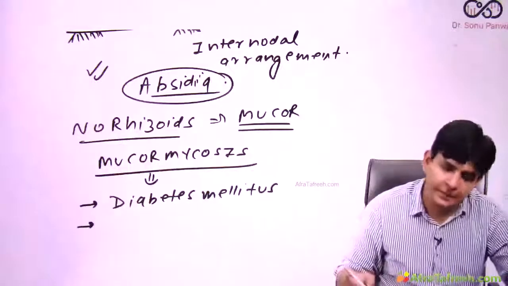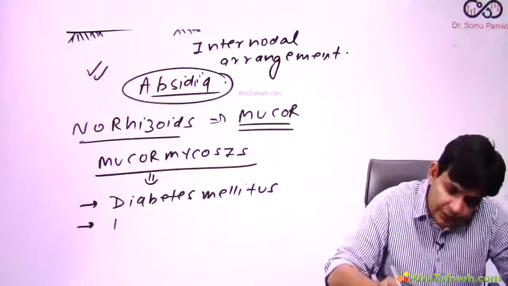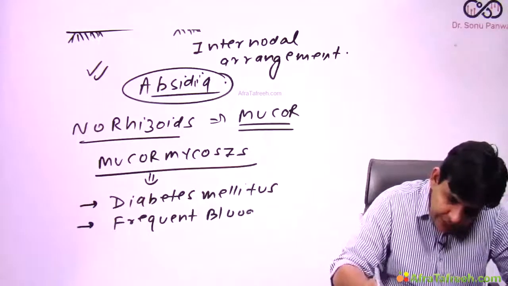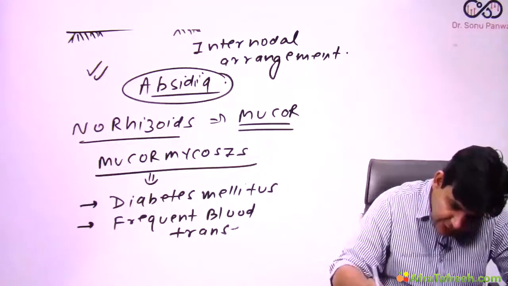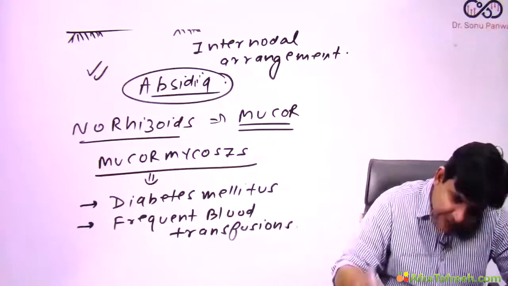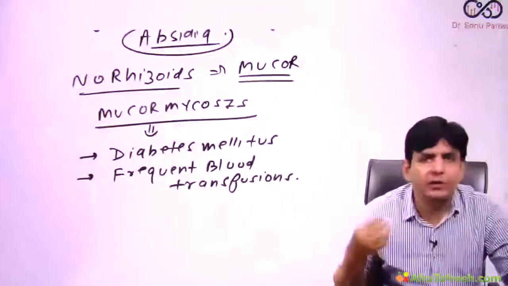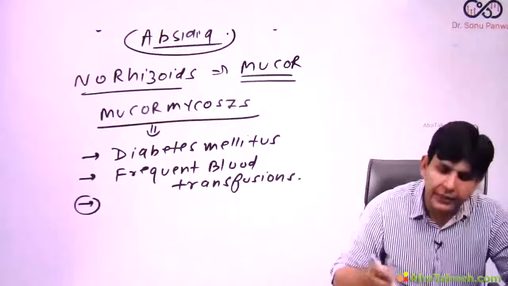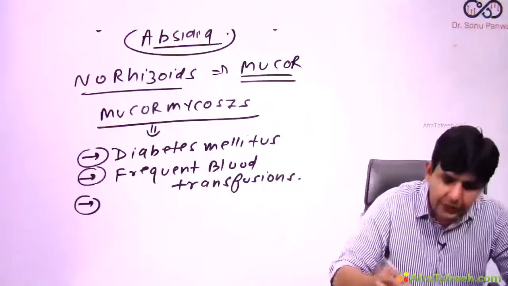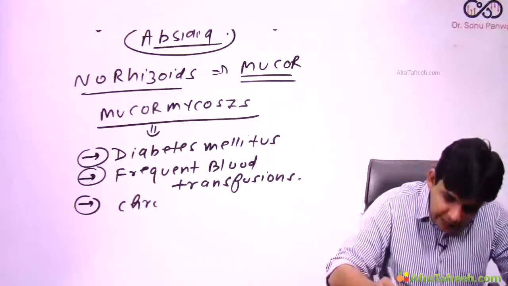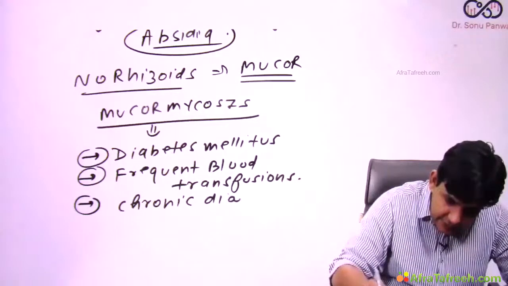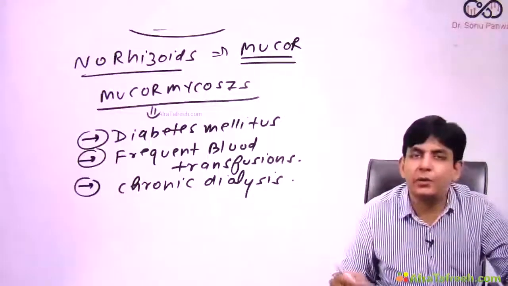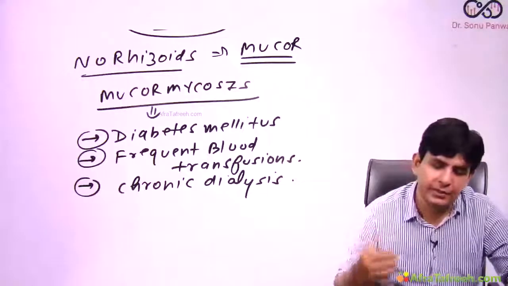Another one is those who are getting frequent blood transfusions because of any reason, they also get mucormycosis. And those who are undergoing chronic dialysis are also more prone to get mucor infection. So remember this also.